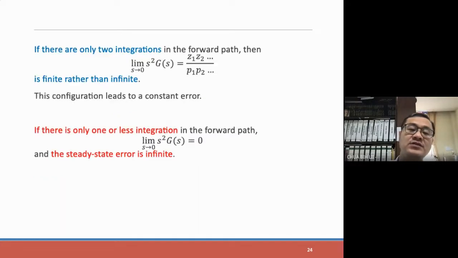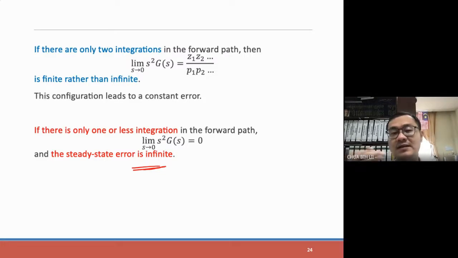If it is less than 3, meaning 2, then you have a finite steady state error. If it is 1 or 0, you have an infinite steady state error.